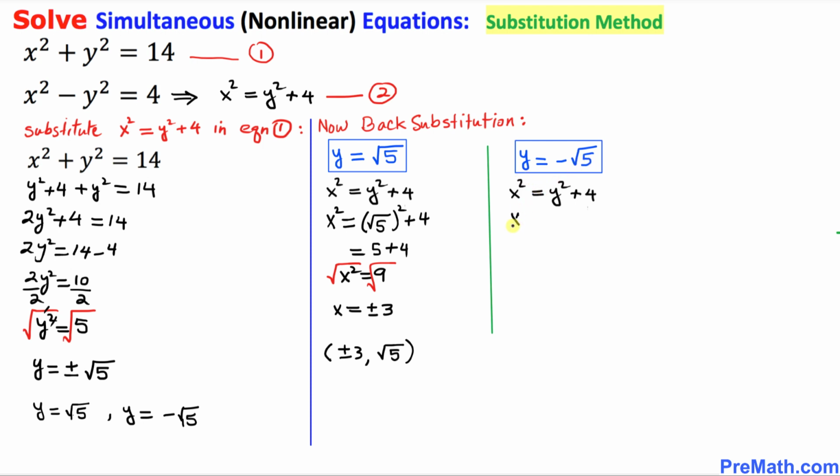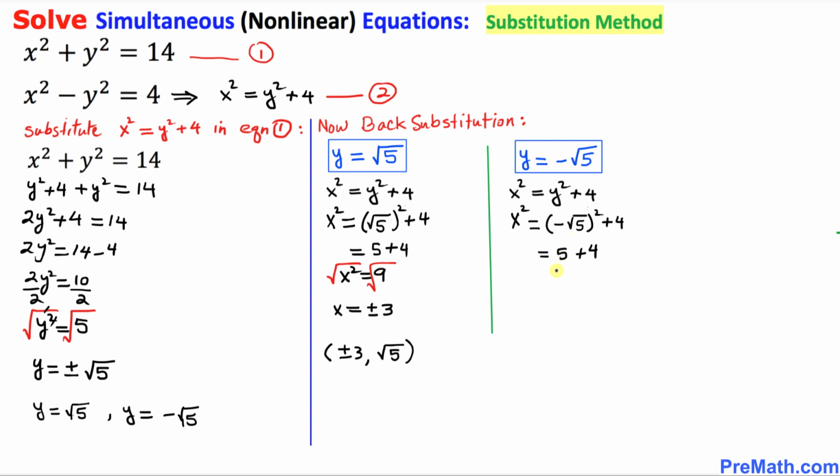So x square equal to y, in our case negative square root of 5, and then squared, plus 4, and this is going to give us simply 5 plus 4, because the negative sign when you have a square becomes positive, and square and square root undo each other.